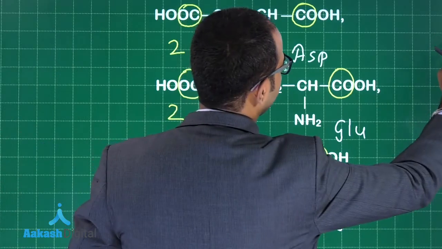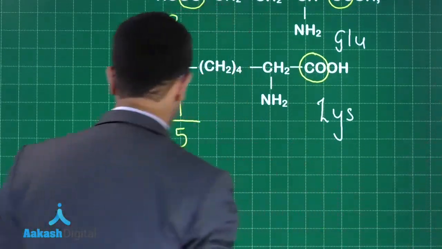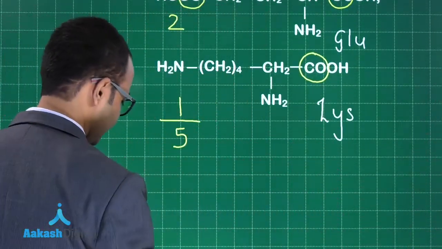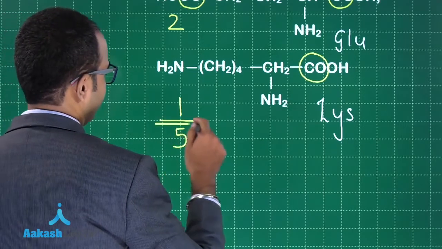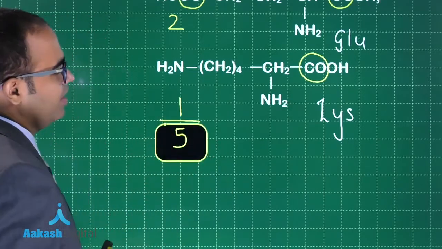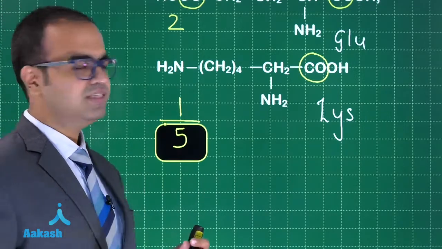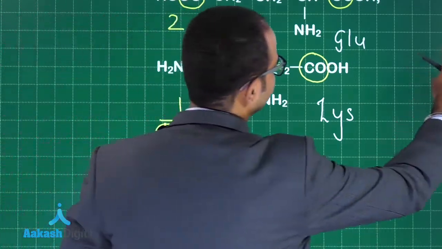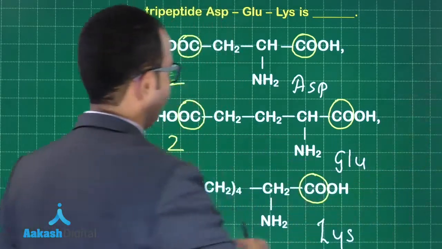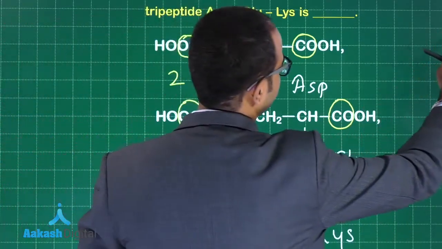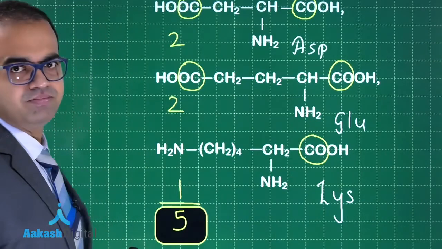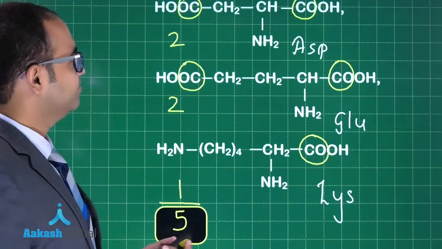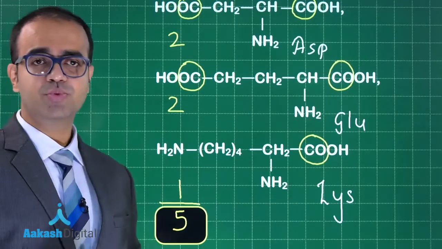So the answer to this question is 5. I hope you have understood this. Just remember the structures and you will be able to identify the number of C double bond O groups present. Okay, let us look at question number 22, guys.